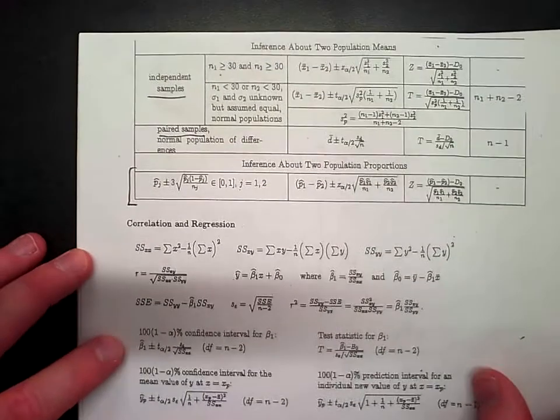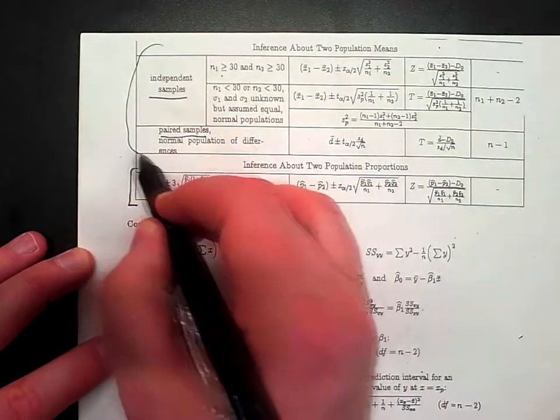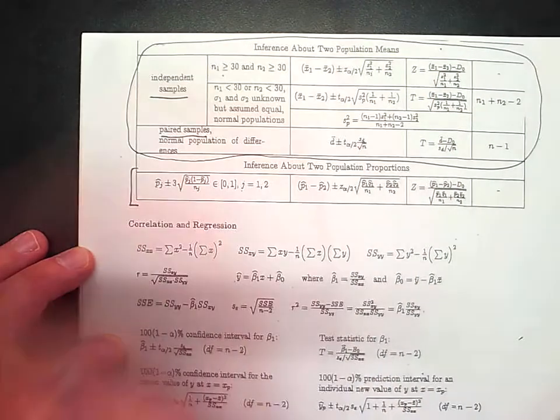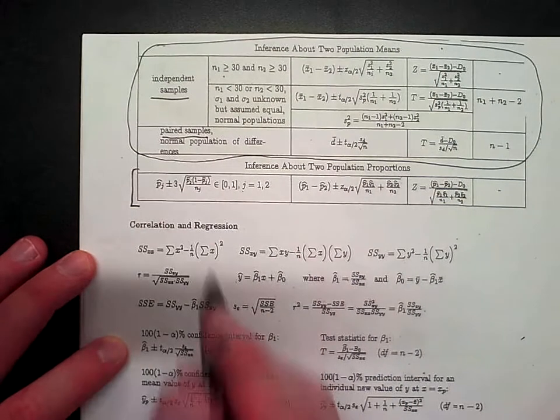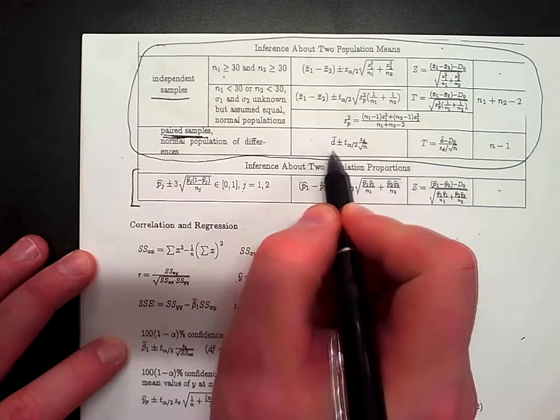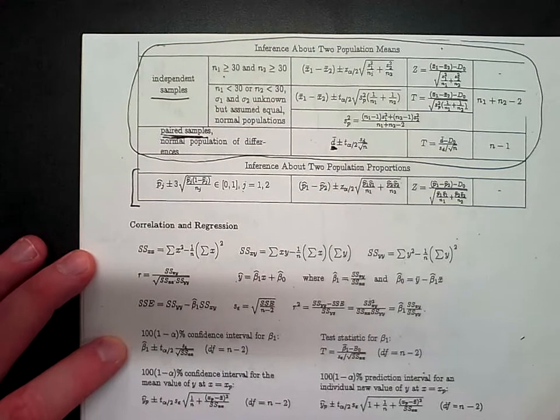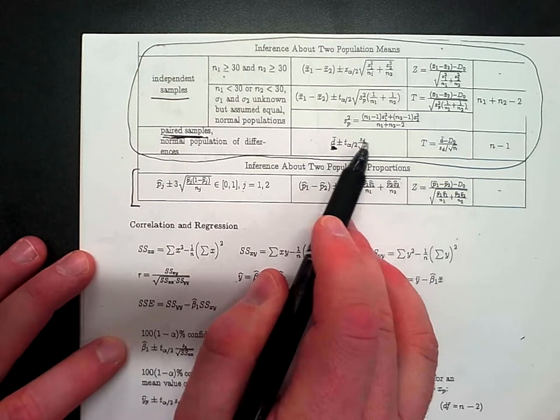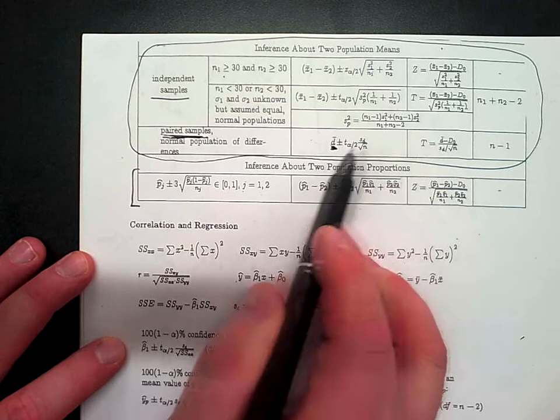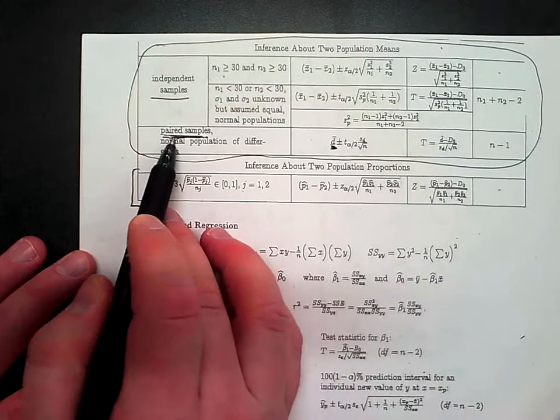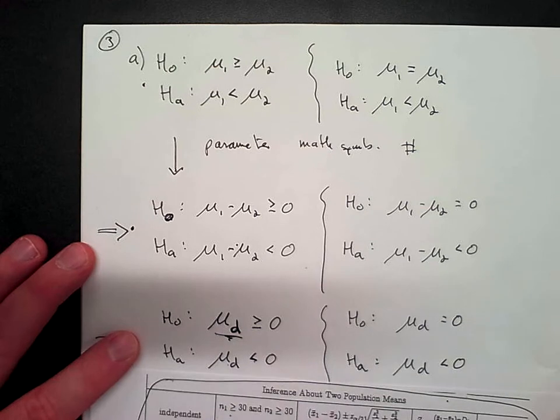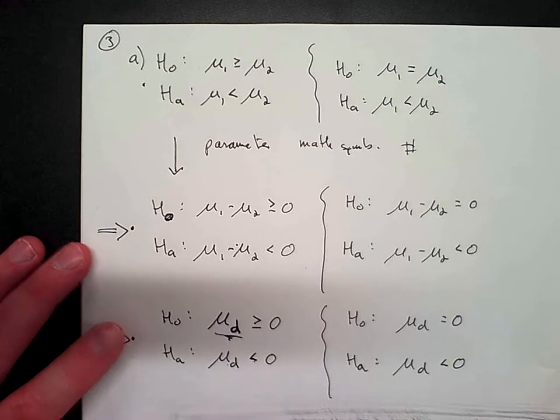The only spot anywhere on our formula sheet right here where it's mentioning anything about little d is for paired samples. This is the only spot here where it has a sub d. So therefore, the mu sub d, you can only do that for paired samples.